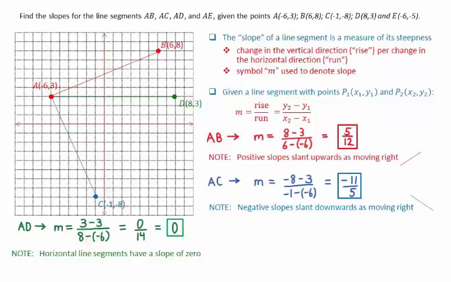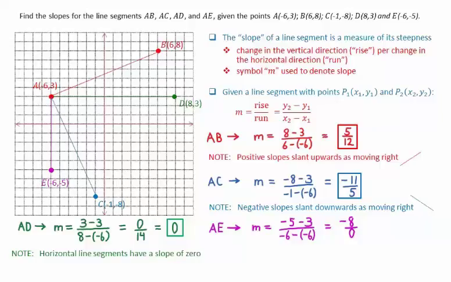Finally, line segment AE. Again, plotting point E at (-6, -5), and using the formula for slope, y2 minus y1 is -5 minus 3, divided by x2 minus x1, -6 minus -6.